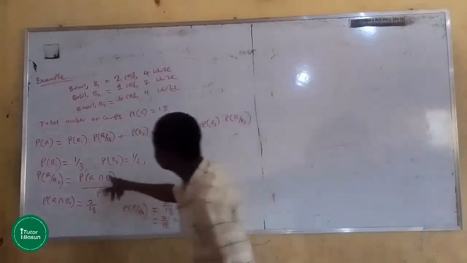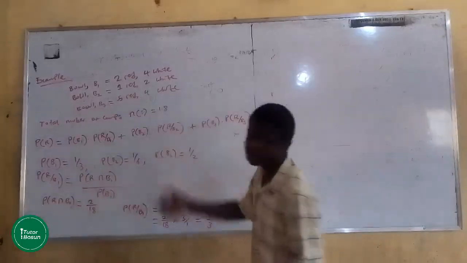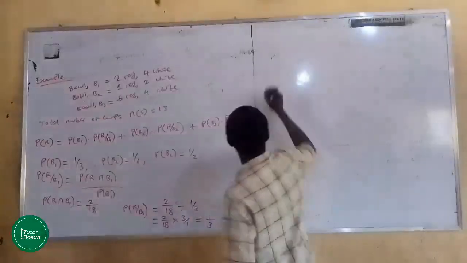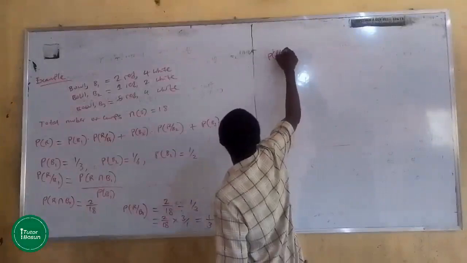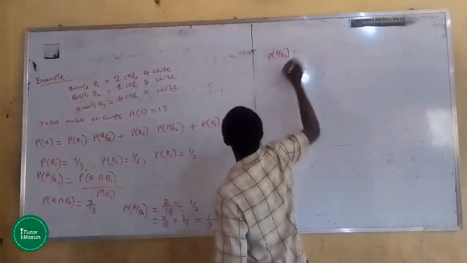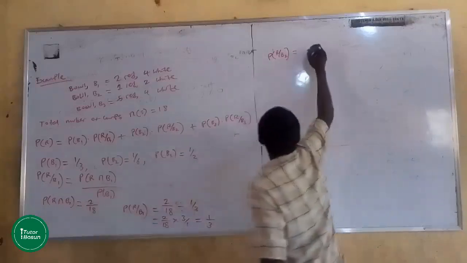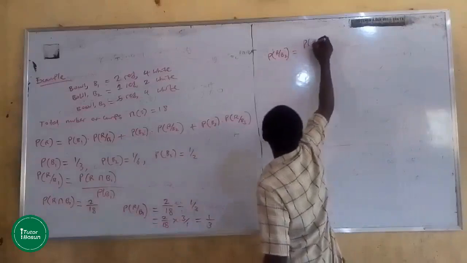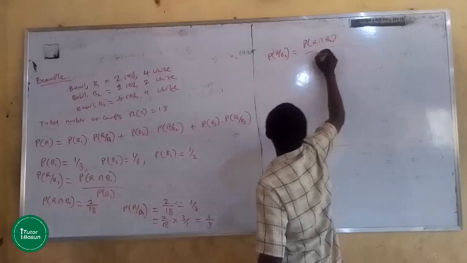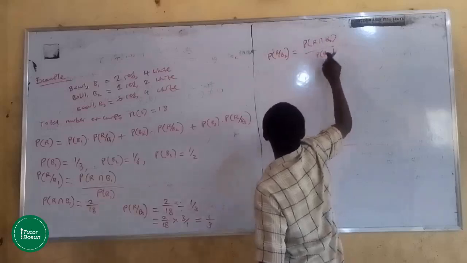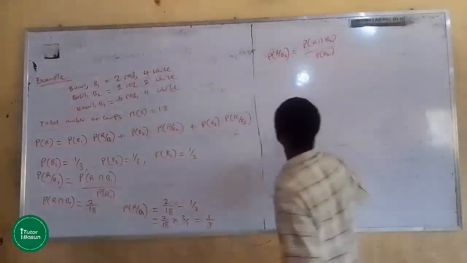Now we determine the probability of R given B2. It's a similar way. The probability of R given B2 will definitely be the probability of R intersection B2 over the probability of B2.